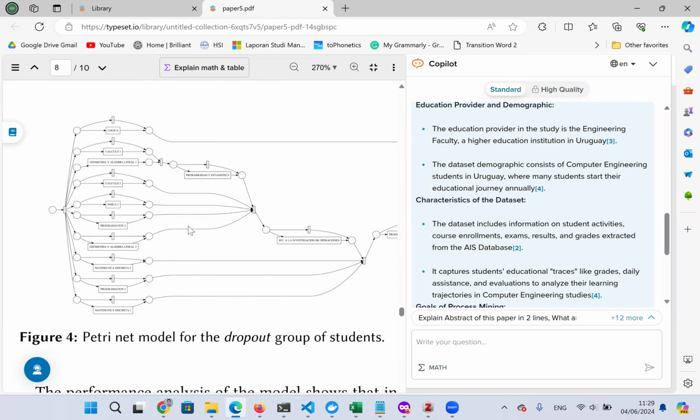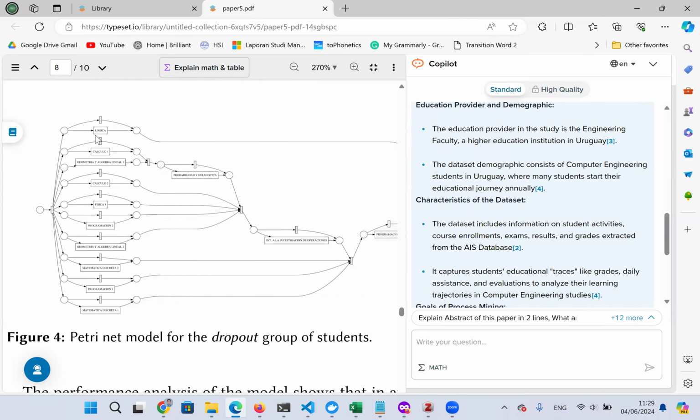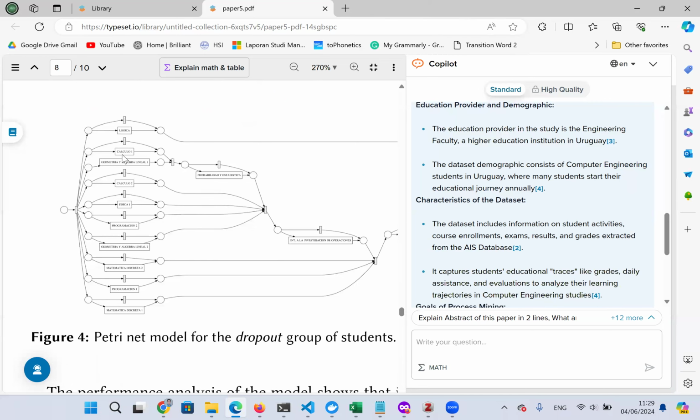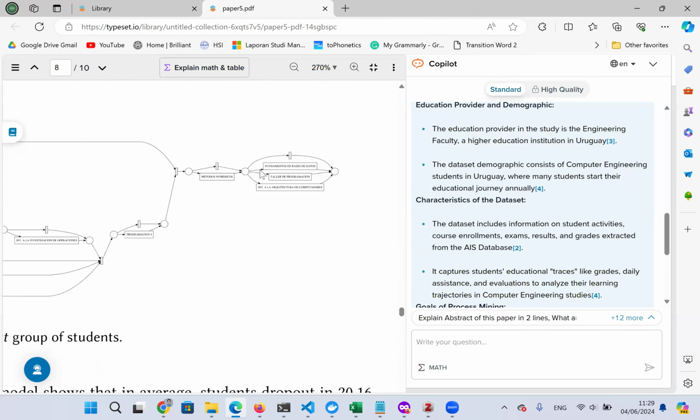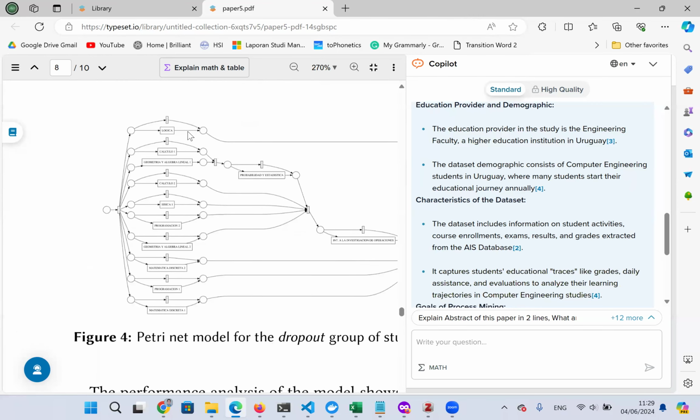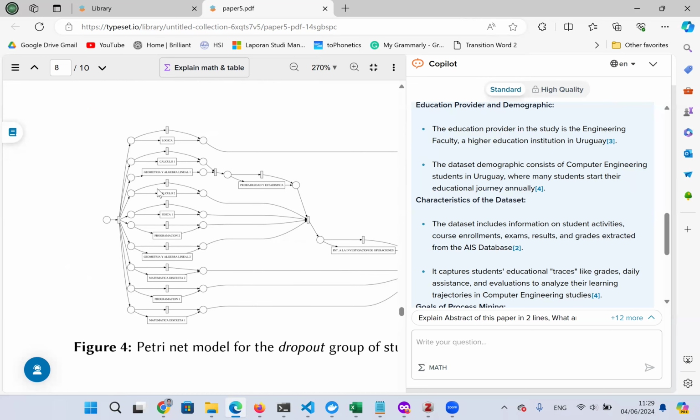Okay, here, as you can see, this is actually a course. This is the name of a course, like Logica, Matematica Discreta 2 or whatever. So it is all about a course in the university.